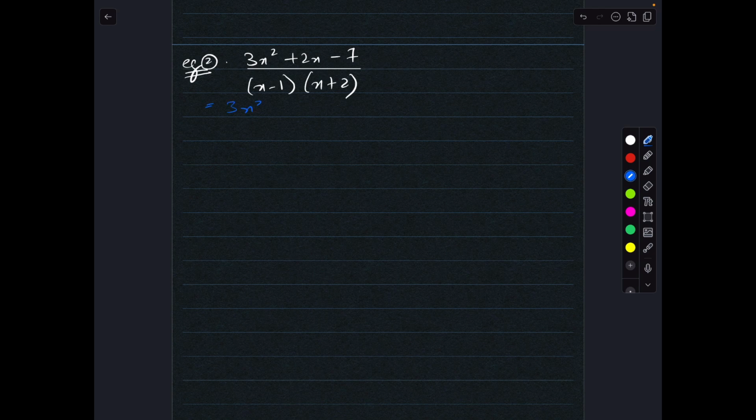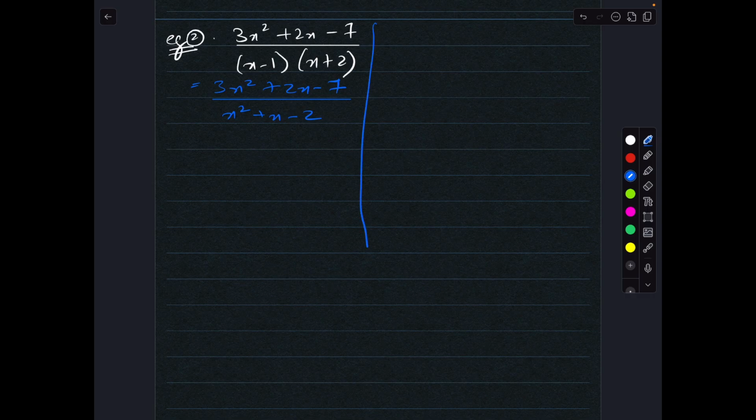So first of all, let's expand the denominator. In doing so, rewrite the fraction. And we have x squared, 2x minus x, so I'll have plus x minus 2. Make a column for long division. This is similar to polynomial long division.